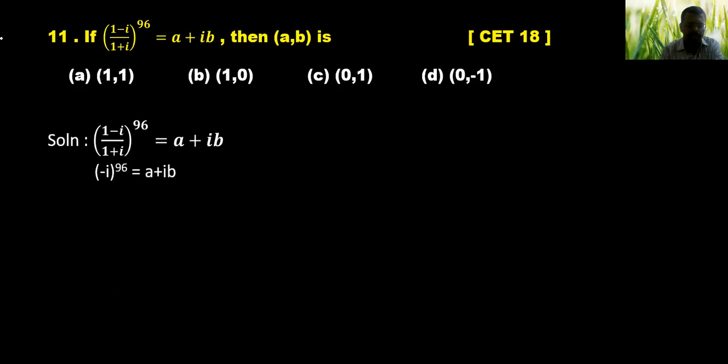See, (minus i)^96. Minus, even power is positive, so we get i^96. So i^96 is 1. 1 equals a plus ib. When the imaginary part is 0, we get a comma b is 1 comma 0. That is option B. So question number 11, option B is the answer.